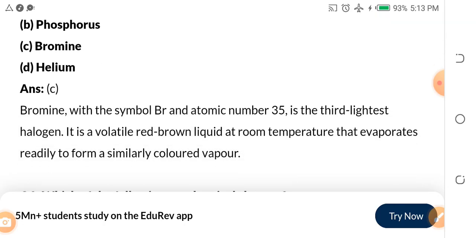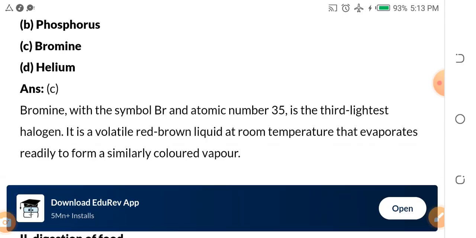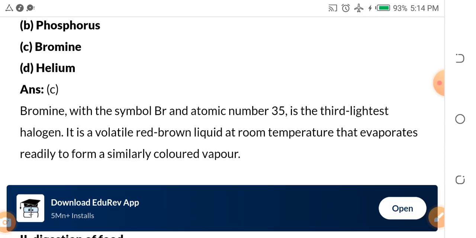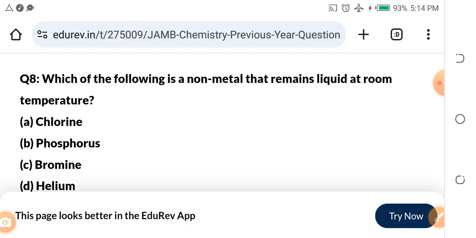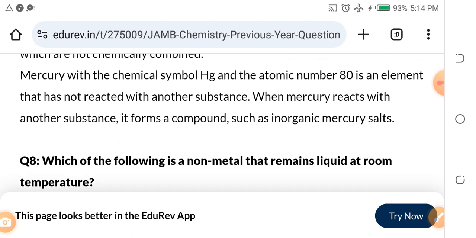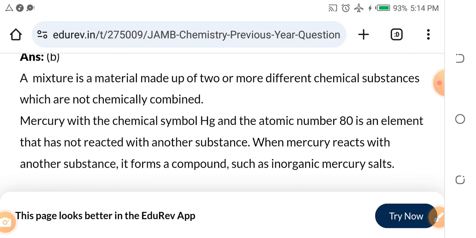Bromine, with the symbol Br and atomic number 35, is the third lightest halogen. It is a volatile red-brown liquid at room temperature that evaporates readily to form a similarly colored vapor. So the answer is bromine, Br. Okay, are you still following?